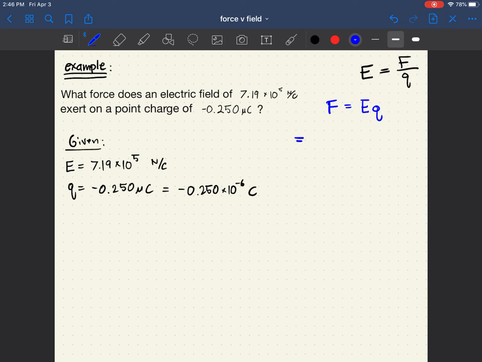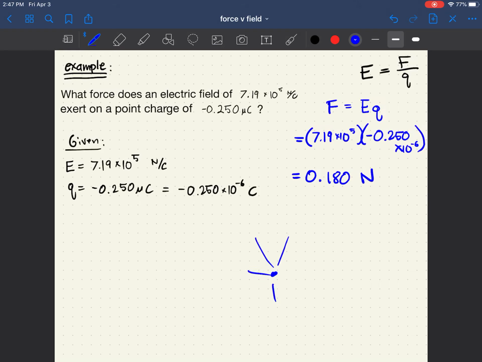So let's plug in our values here of 7.19 times 10 to the 5th times negative 0.250 times 10 to the negative 6th. Plugging that into our calculator gives us an answer of 0.180 newtons. That means in this field, there's a certain charge in it, and at this unknown distance, we can figure that out later if we really wanted to.